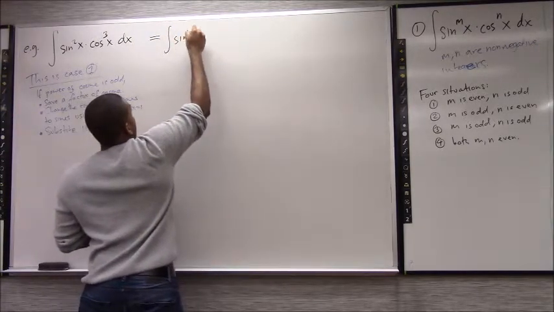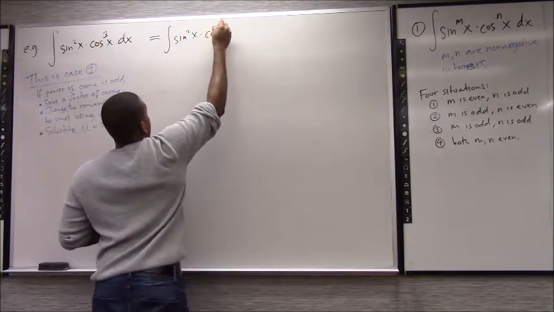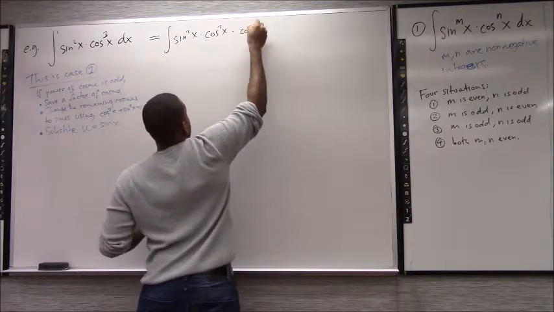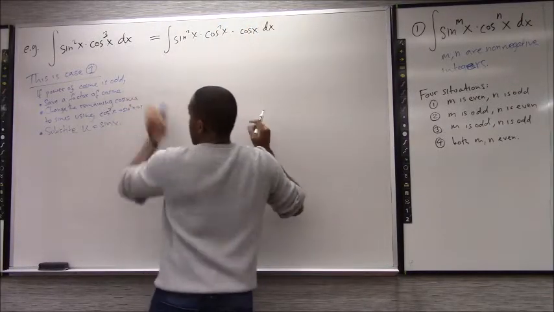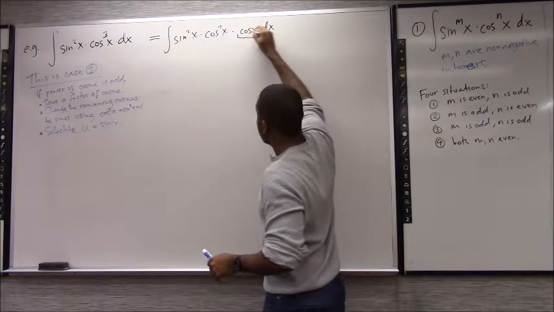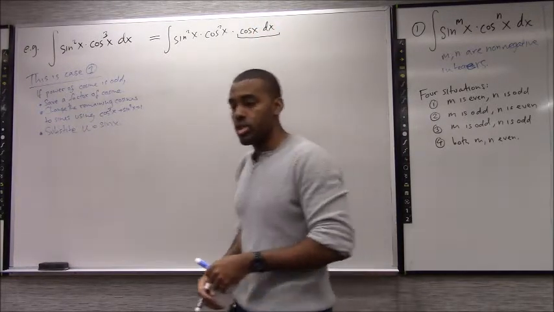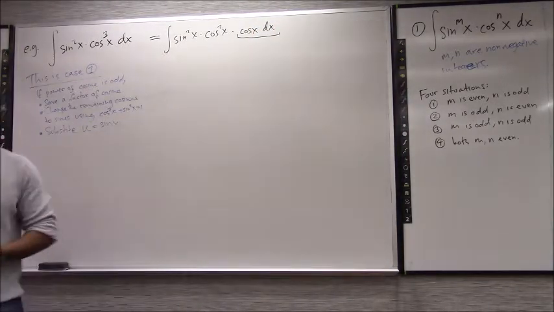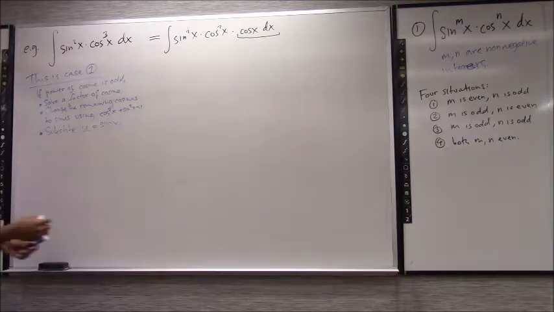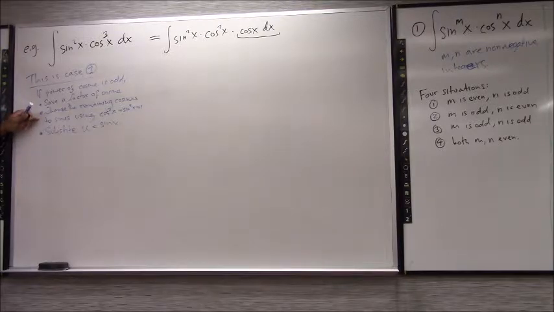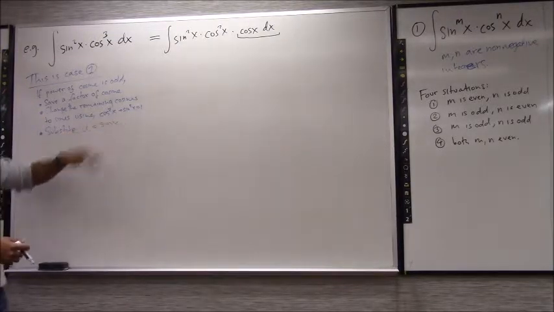This would be sine squared x times cosine squared x times cosine. So I save a factor of the cosine and put it to the side. Now it turns out that's the guy that's going to end up being my du. Okay? So that would be the first step, save a factor of cosine. The next thing you're going to do is change all the remaining cosines to sines by using this guy, right?